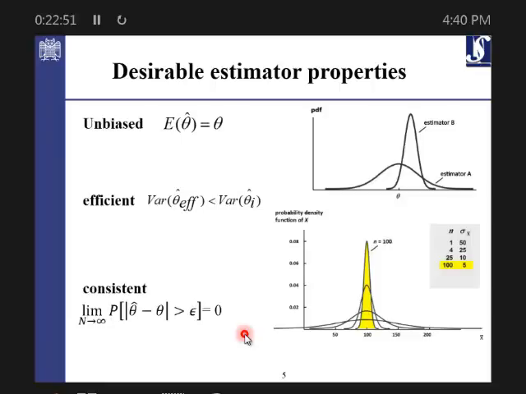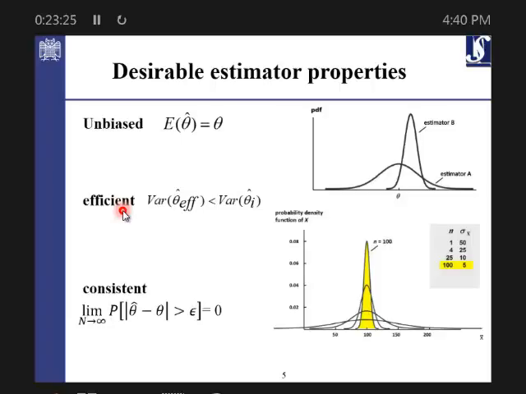Estimator B is not efficient because its variance is bigger than estimator A's. These are independent notions: unbiasedness, efficiency, and consistency are independent notions. So if you can find an estimator having all three desirable properties, it's a piece of cake. It's the thing that you just needed.